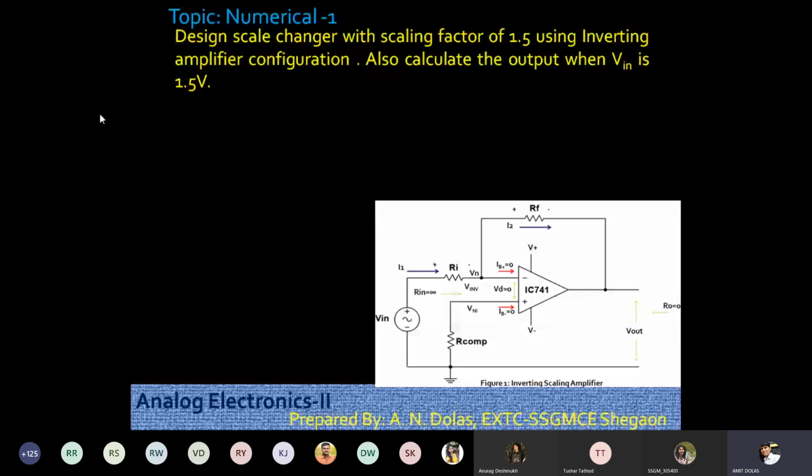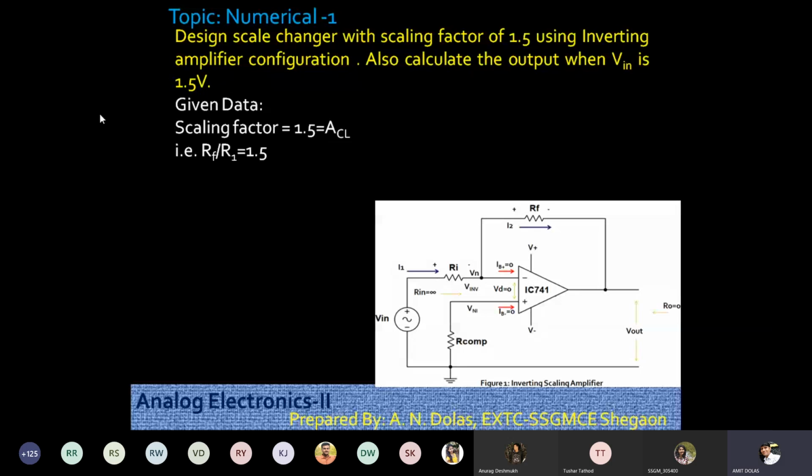A scaling factor of 1.5 is definitely the ratio of RF by R1 using the inverting mode of configuration. So inverting is the input, non-inverting is grounded, and also calculate the output when Vin is given as 1.5 volt. This is the problem statement for 7 to 8 marks. Then the given data: of course, the scaling factor is nothing but the closed loop gain.